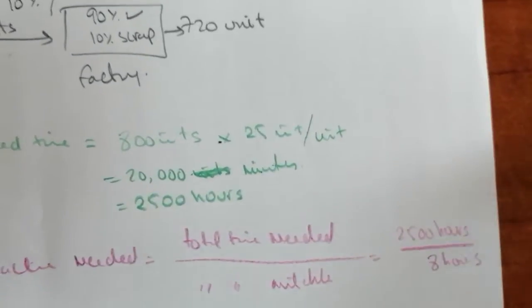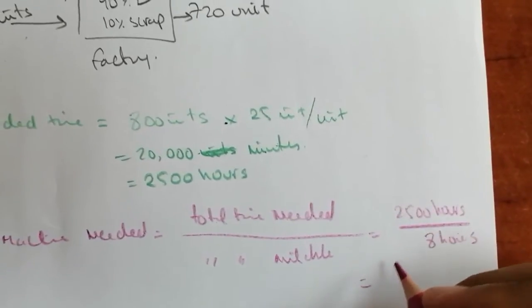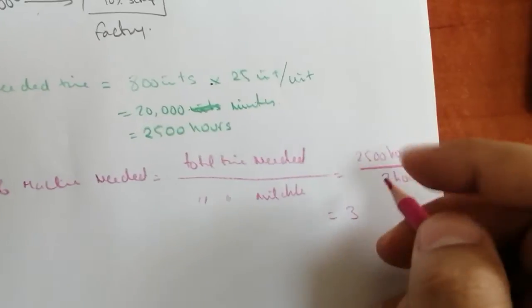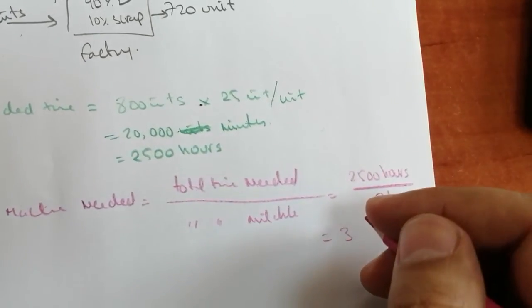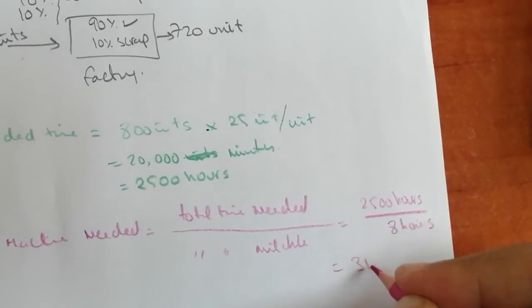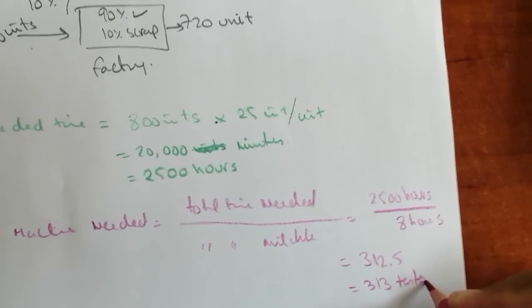So it's 2,500 divided by 8. So we need 312.5. We round up to 313 testers.